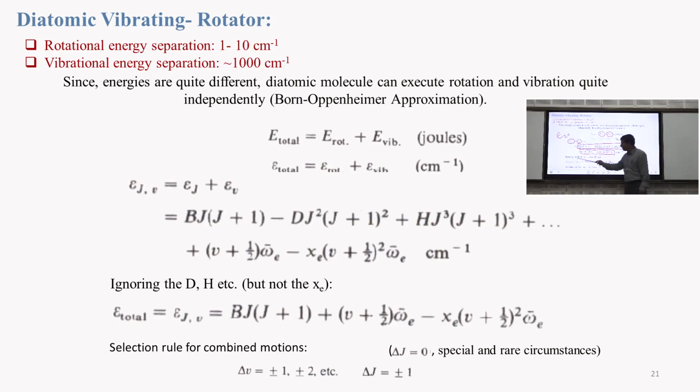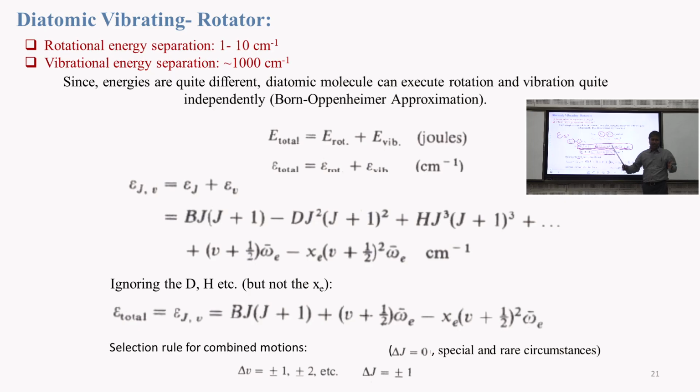Now it says that you can consider D and H. D and H means you can eliminate this term and ignore this term also. Why? Because their contribution is small, in the sense that their numerical contribution does not affect your experimental results.